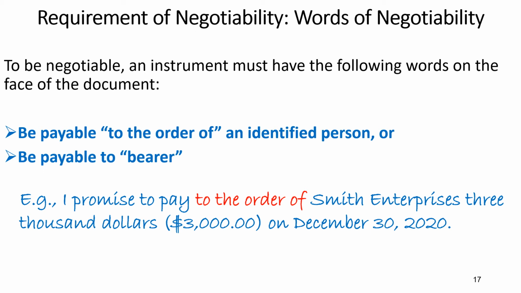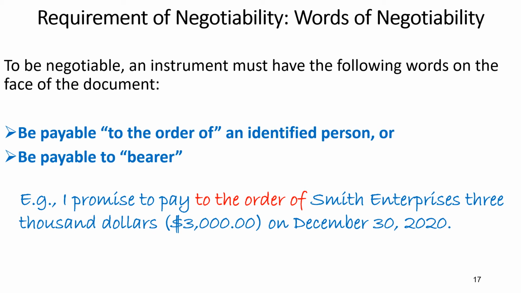Now, why would you do that? Well, Smith Enterprises may not want to wait till December 30th to get money. They might have lots of bills and overhead and projects that they need money for in September. And so if they have these accounts receivable, these invoices coming in, and they've written them so that they are negotiable, they can use them to create cash flow that they would not otherwise have. It's a way to finance their business without getting loans. That's the power of a negotiable instrument.